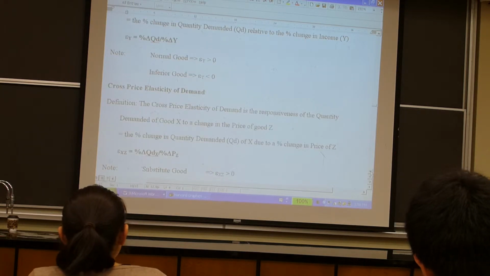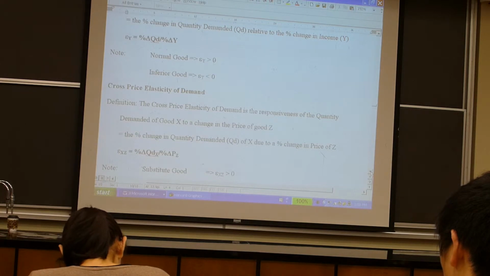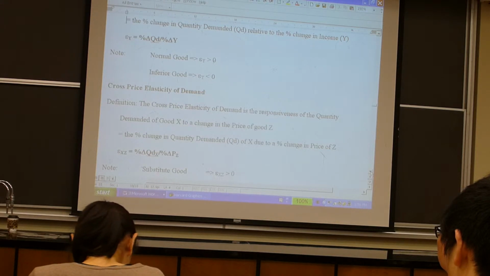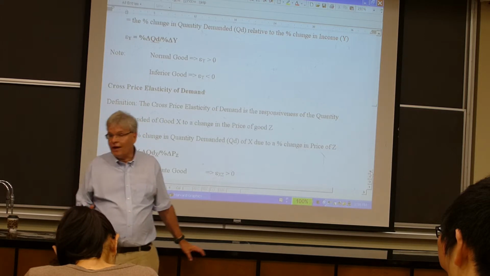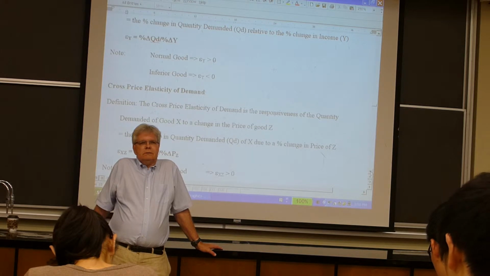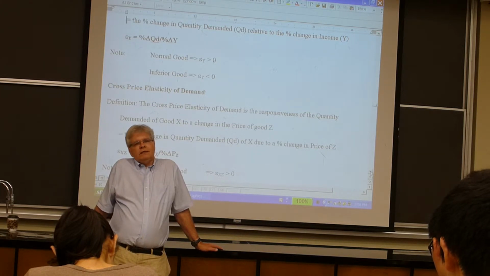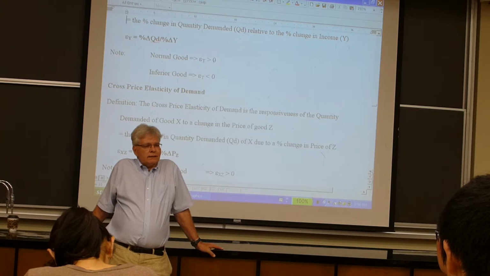Cross-price elasticity of demand is simply the responsiveness of quantity demanded in a percentage way to a change in the price of some other good. So the percentage change in the quantity of X relative to the percentage change in the price of Y. Now, if that's a negative number, what is the relationship between those two goods? If the quantity demanded of X goes up when the price of Y goes up, what is the relationship between Y and X?